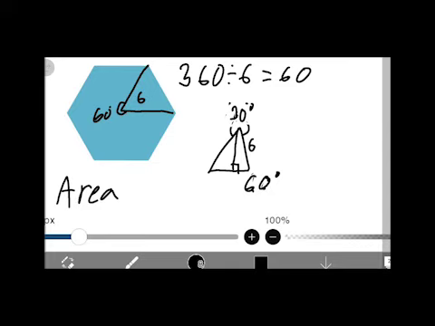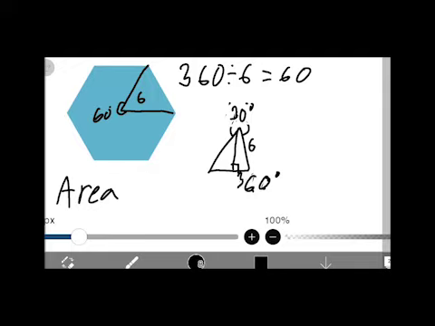So, when specifically it's a triangle that has 60 degrees, 30 degrees, and 90 degrees, the small leg is always going to be half of the hypotenuse. And obviously half of 6 is 3. Now, I'm going to show you the formula for the long leg.